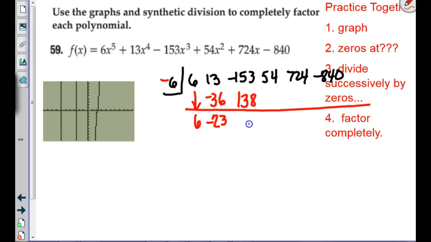Minus 153 times 6 is 90. Positive 90. Added together is 144 times -6 is plus 724 is times -6 is positive 840, I hope.